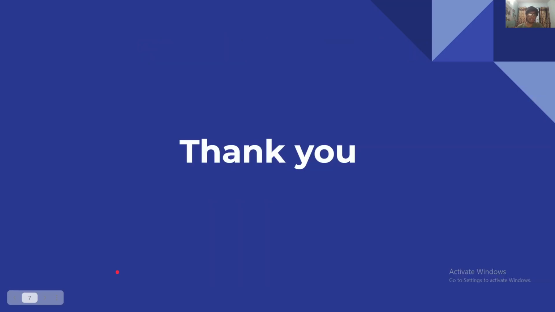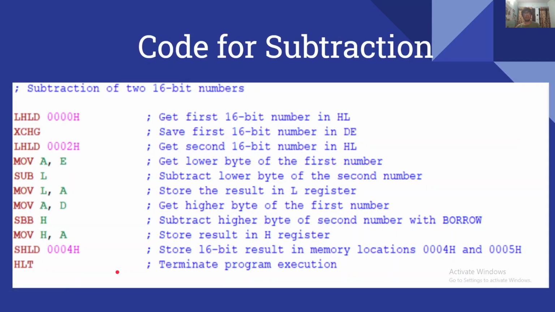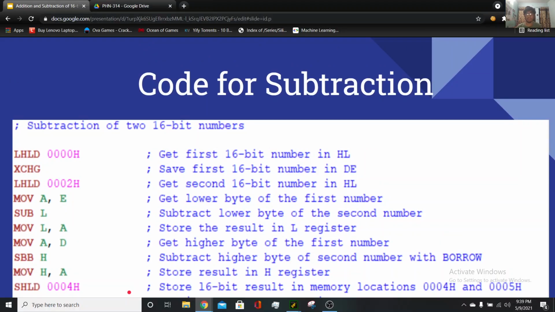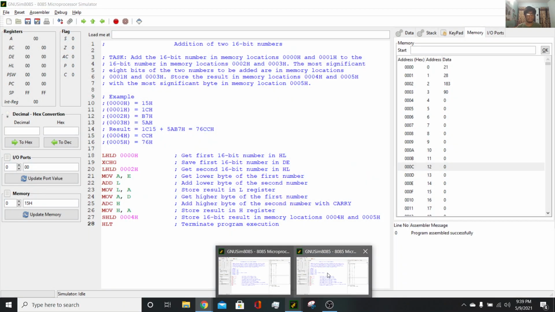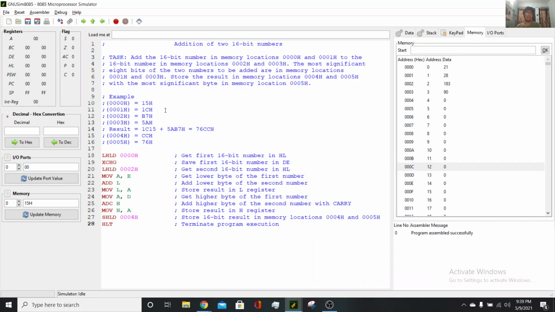And now I will show you the implementation of this code in GNU Sim. So this is the code for the addition of two numbers, and we will add the 16-bit numbers in memory locations 0000 and 0001.